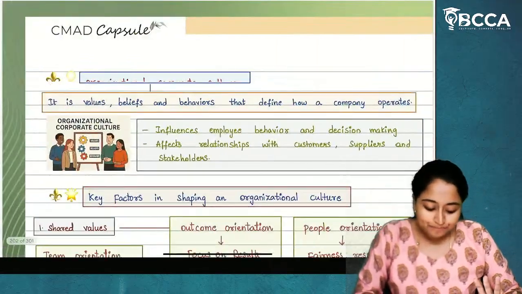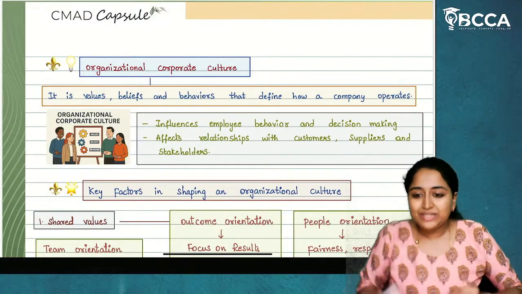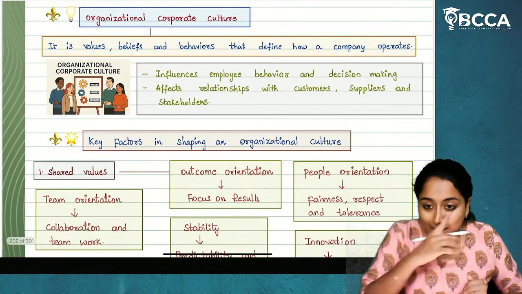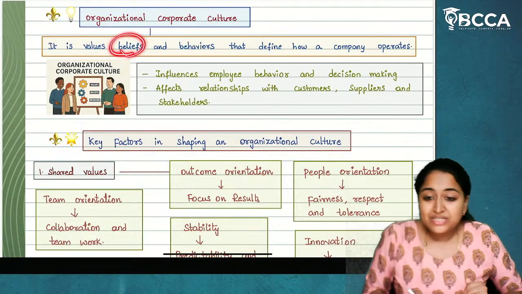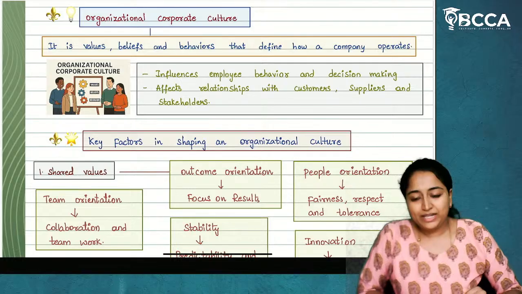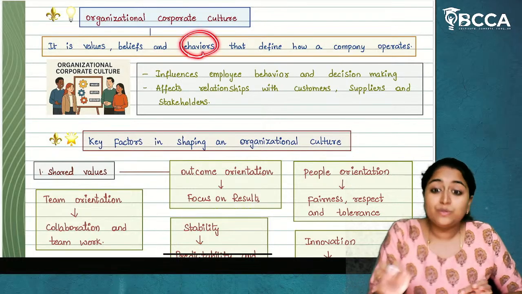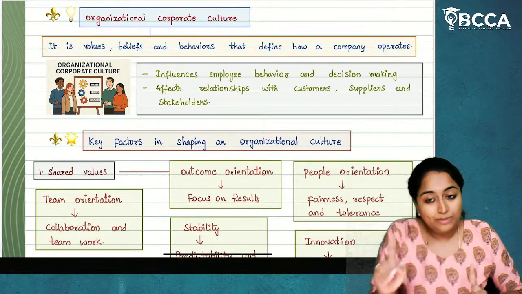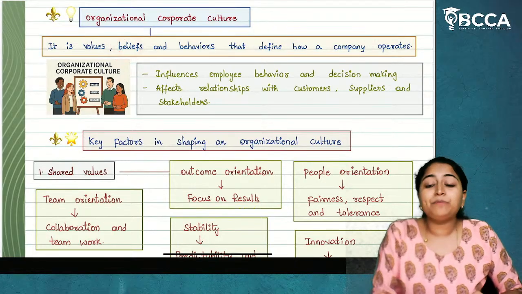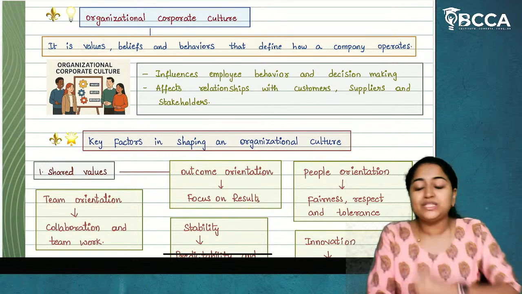I hope it's clear. Now, what about culture? How will culture be built within the organization based on values, beliefs, and behavior that define how a company operates? In each and every company, how employees behave will be different. What are their beliefs about the organization? That will be different. And what are the values inside the organization?